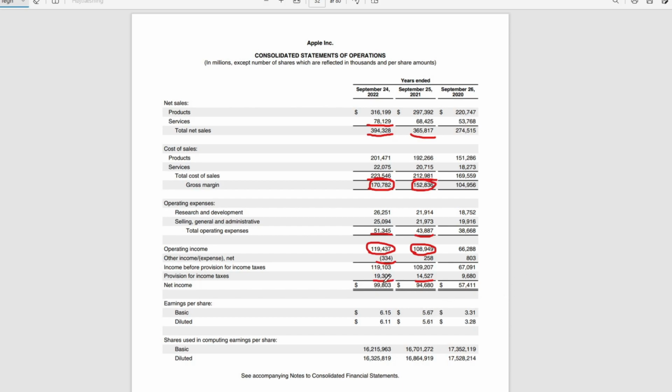Finally, we arrive at the net income section. Apple's net income for 2022 was $99 billion, up from $94 billion in 2021. This represents the profit that Apple has made after all expenses have been deducted. This amount is available for distribution to shareholders as well as for reinvestment in the business.